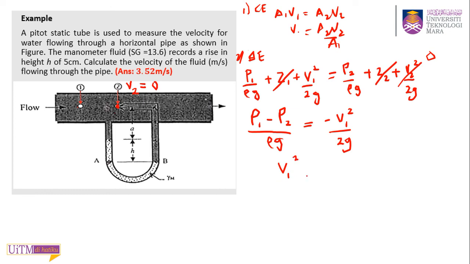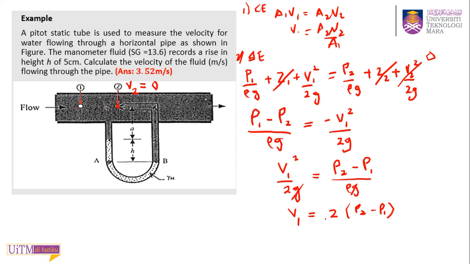V1 squared over 2g equals P2 minus P1 over rho g. So that you can simplify this term further. So V1 equals the square root of 2 times P2 minus P1.